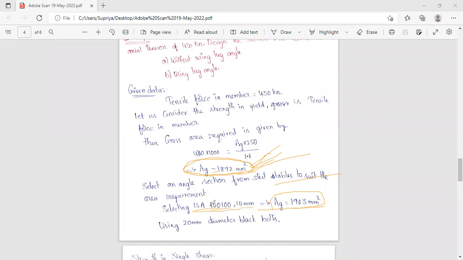That is, the length of legs is 100 mm, 100 mm, and the thickness of the section is 10 mm. Okay, so this member I am choosing, and assuming that I am using 20 mm diameter black bolts. Okay, we are using 20 mm diameter black bolts.